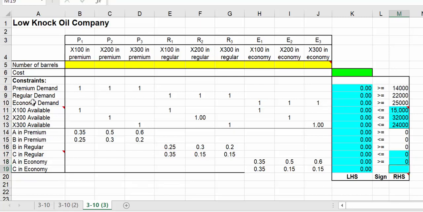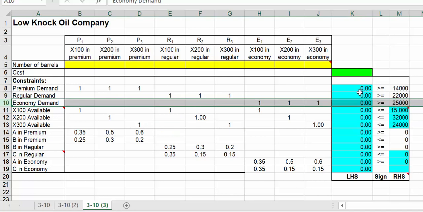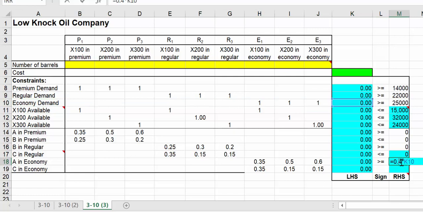Going across, K10 would be what we produce, and this is what the customer wants. This is the restriction: 40% of that needs to be compound A in our economy grade blended gasoline, which we'll blend all together.